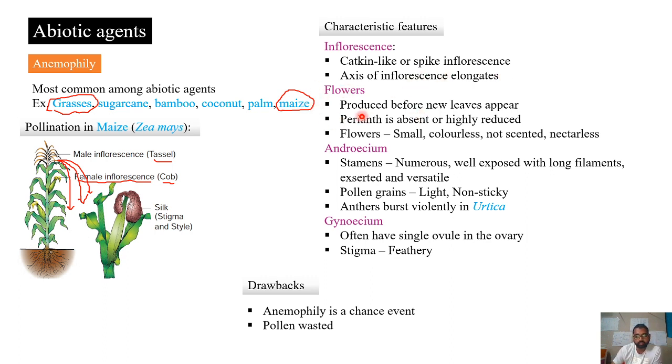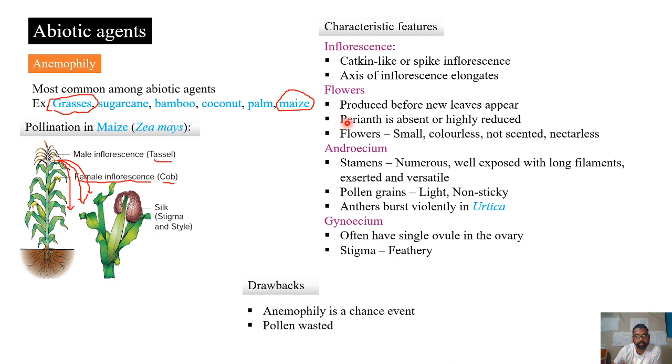Now, coming to the flowers, they are produced before new leaves appear. If the new leaves appear, they can hinder the pollination process. Therefore the flowers appear before the new leaves, and again there is more exposure to the wind. The perianth is absent or highly reduced.